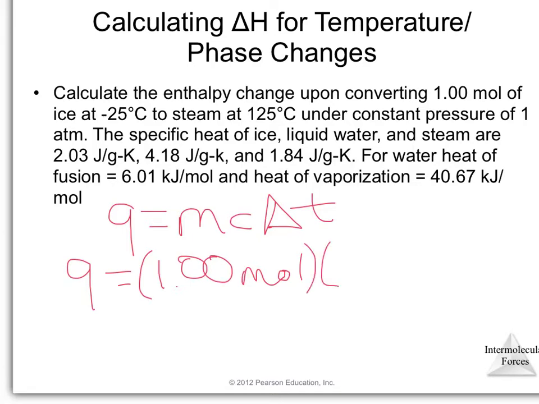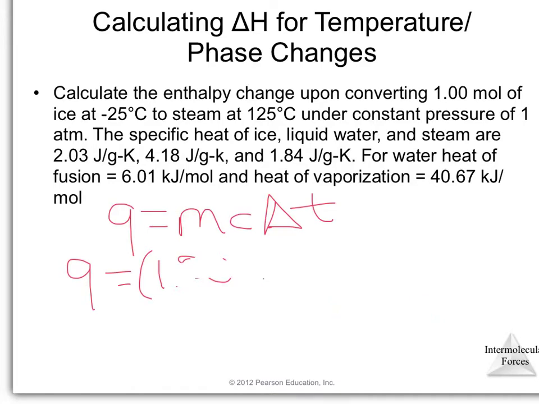In 1 mole, we know for water, there's 18 grams of water per that 1 mole. So ultimately, I just have 18 grams. But I just wanted to show you that we'd have to use our molar mass. So I had 1 mole of water, but I needed to convert that by using molar mass. So instead of writing all of that, let's just write 18 grams.